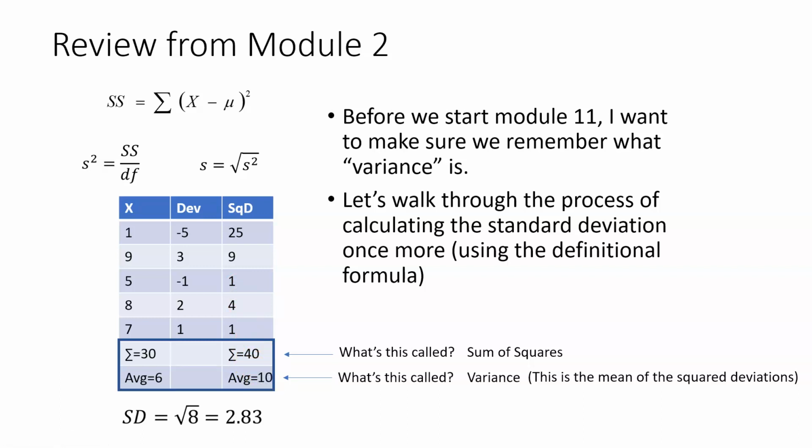So then if we wanted to compute the standard deviation for this sample, we would take the square root of this 10, and instead of being the square root of 8 like it was before, the square root of 10 is 3.16. So remember, as you've completed your homework many times now, SS over DF is variance.